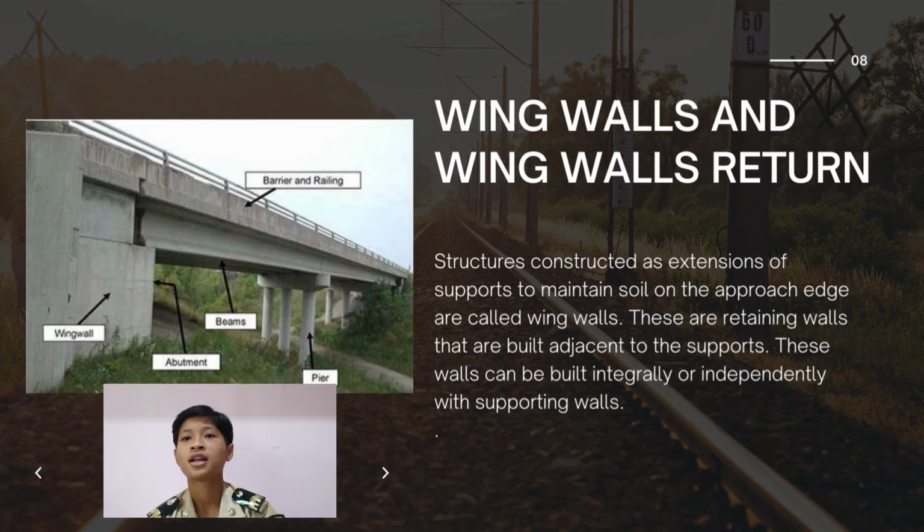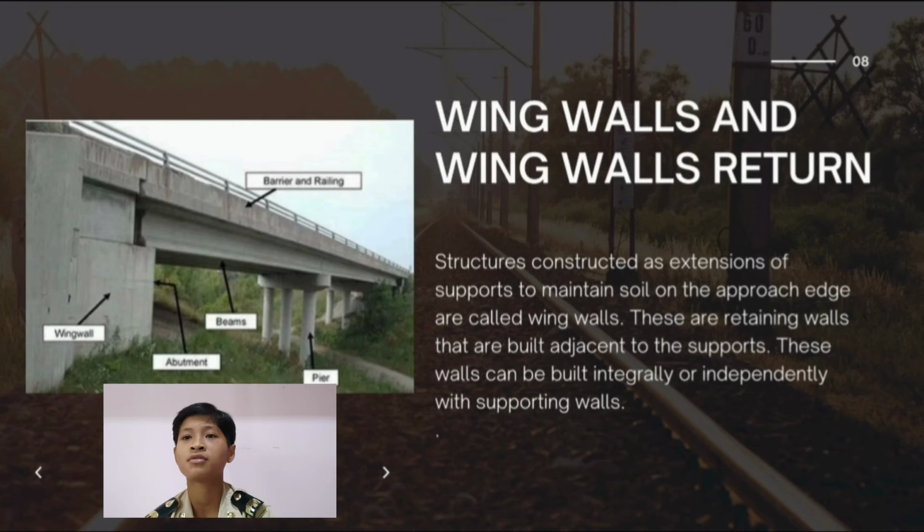And then the last component is wing walls and wing walls return. These are structures constructed as an extension of the supports to retain soil. The approach edges are called wing walls. These are retaining walls that are built adjacent to the supports.